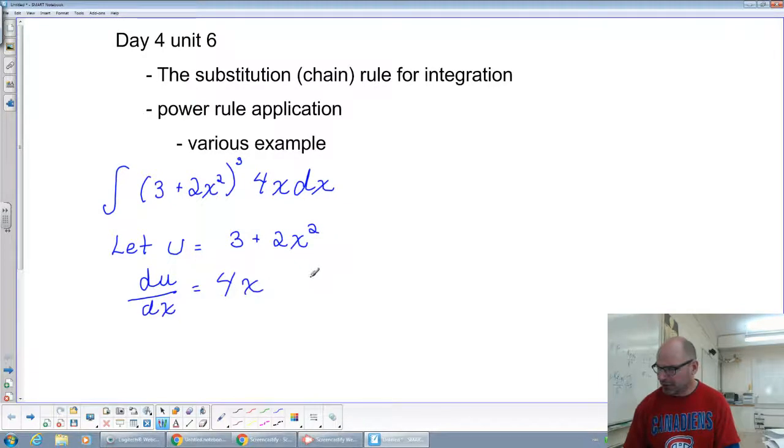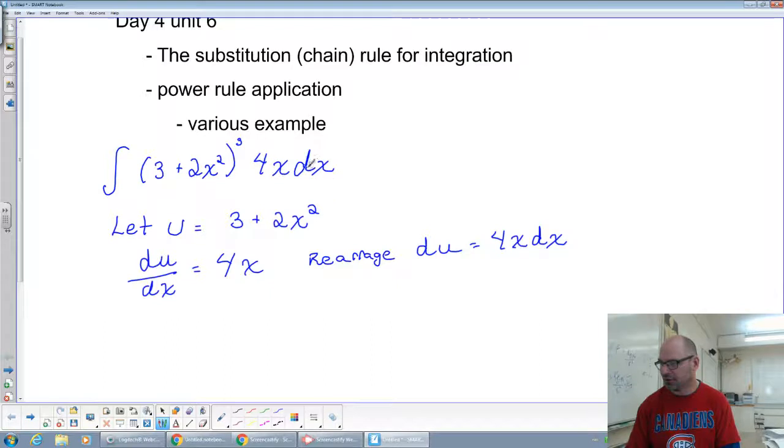Then we rearrange so that the dx is multiplied over to the right side, so du equals 4x dx. Now we can substitute this expression in for du, and substitute this in for u. So we're going to be able to do a chain rule by converting the x into a u.